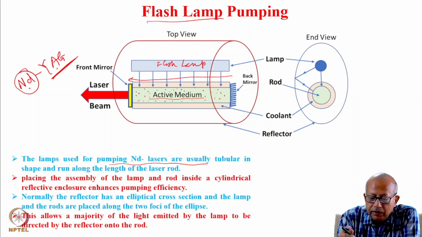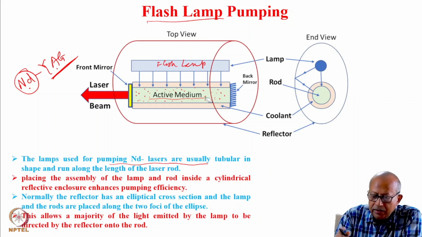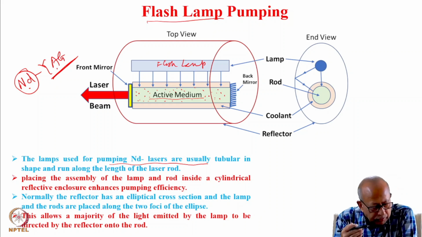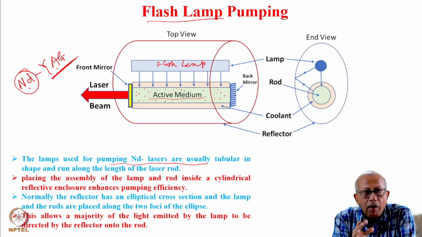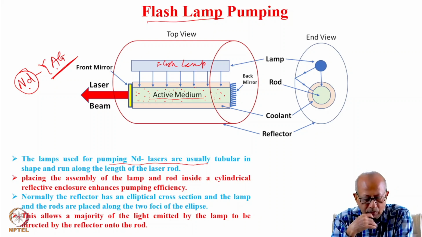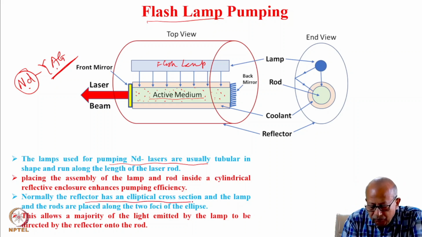Placing this assembly, that is the flash lamp and the laser rod, inside a cylindrical housing, inner side of which is reflective coated, of course enhances the pumping efficiency, that we have seen even before in one of the earlier classes. And normally the reflector actually has an elliptic cross section.